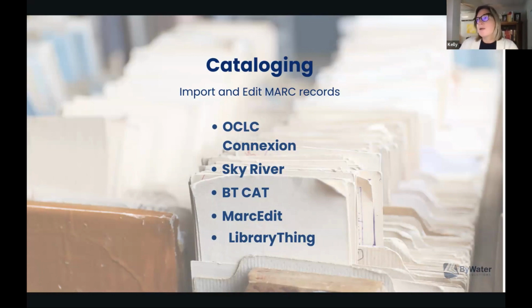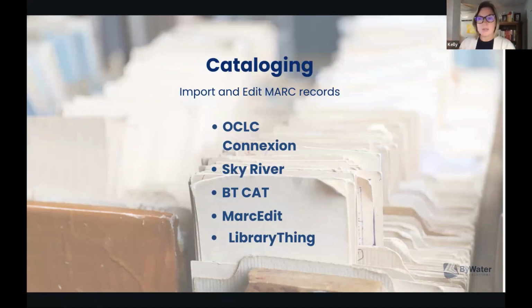So, the ability to import and edit MARC records, we connect through OCLC Connection. If you are an OCLC Connection user, you can directly export that record you're looking at on your screen into your Koha system. You will also have the ability to download several records from OCLC Connection and import them into Koha. You have the connection to SkyRiver, BTCat, MARC Edit.